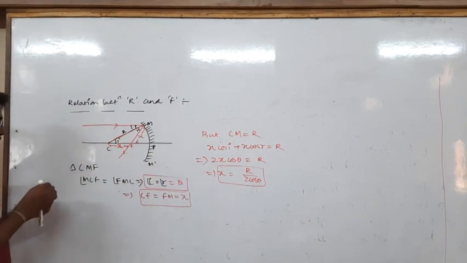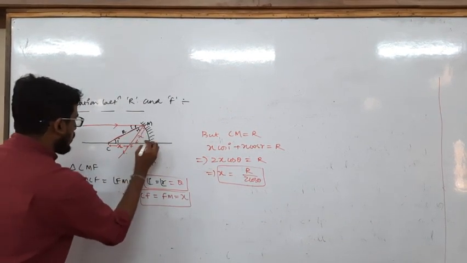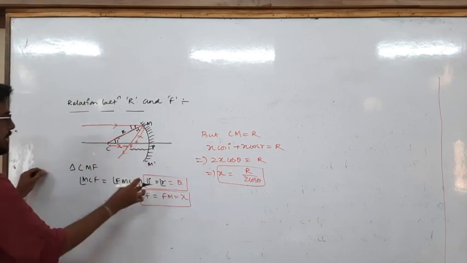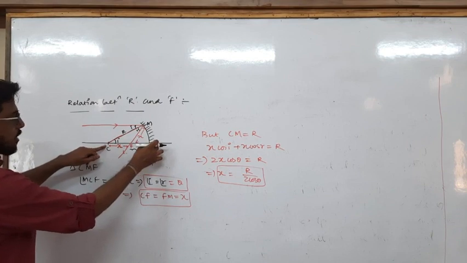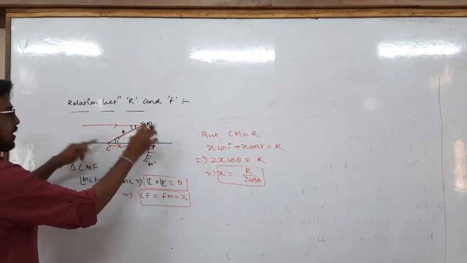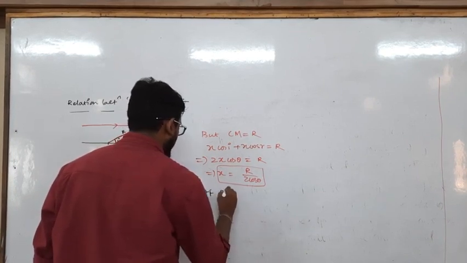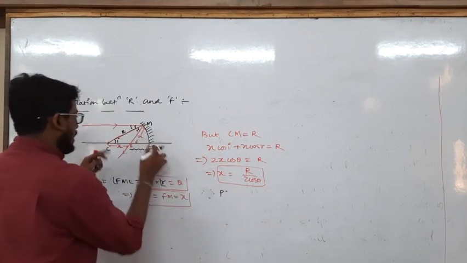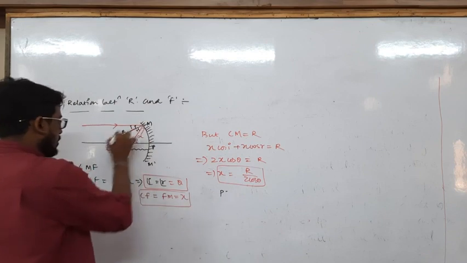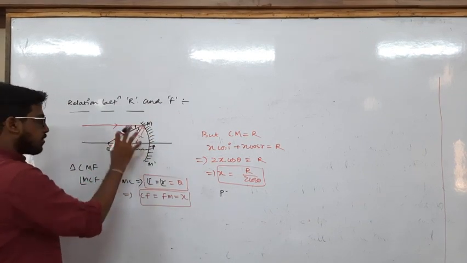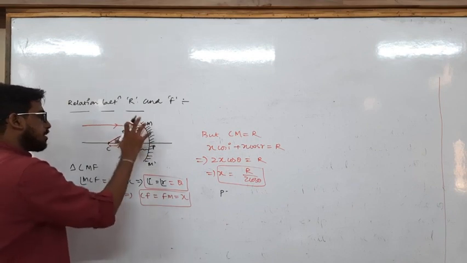And what is the focal length? The distance of the focus from the pole. So this will be the focal length. If PC is equal to the radius of curvature, then PF will be how much? PC is also the radius of curvature, because the center of curvature is the common center of the arc, so PC is the same as CM.